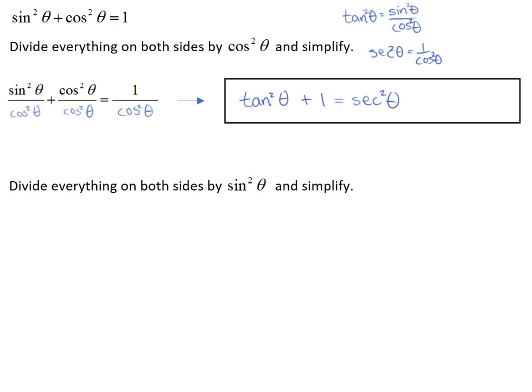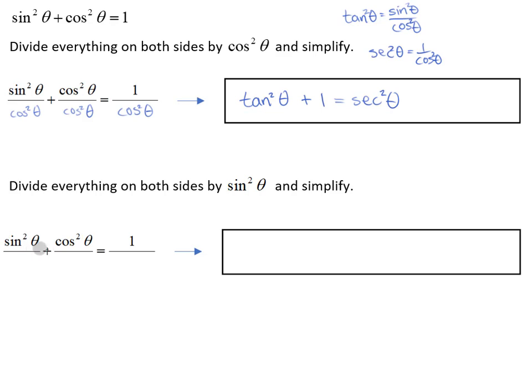Okay, let's find our last and third identity by dividing, again, the same original Pythagorean identity, but instead of dividing everything by cosine squared, we're going to divide it all by sine squared. So we're going to take our original identity, divide by sine squared of theta. So once we divide everything by sine squared, we're going to see what we can turn some of this into.